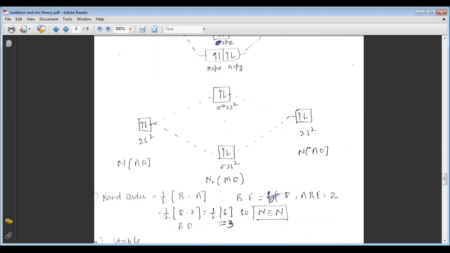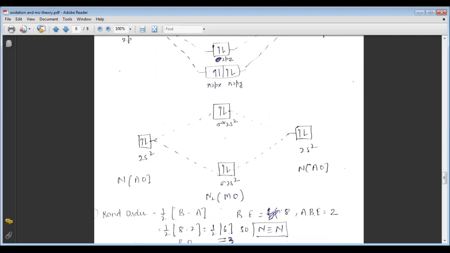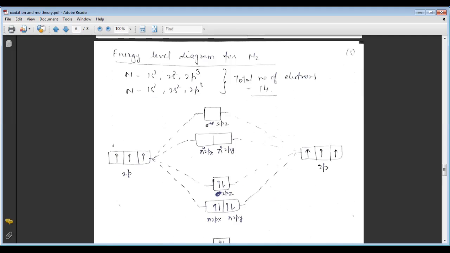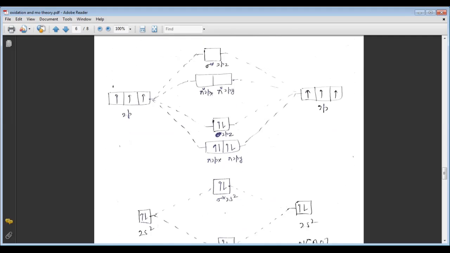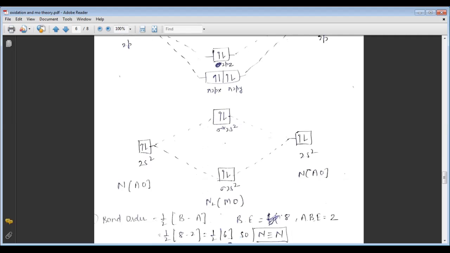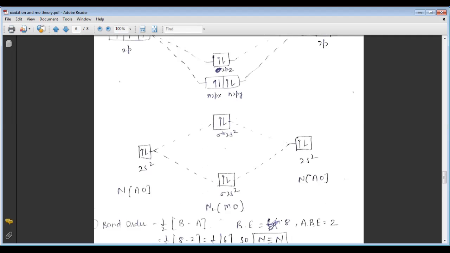Now we have a total of 14 electrons. Because we do not show the 1s orbitals here, we start with the 2s2, since the bonding and anti-bonding electrons cancel the influence of each other.